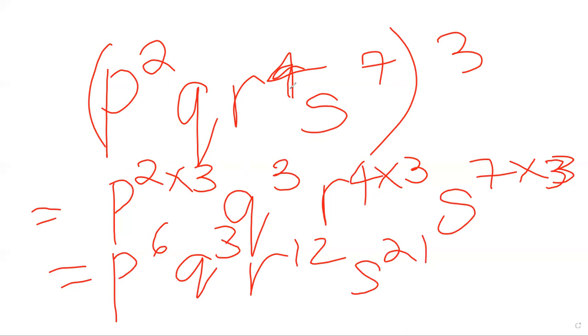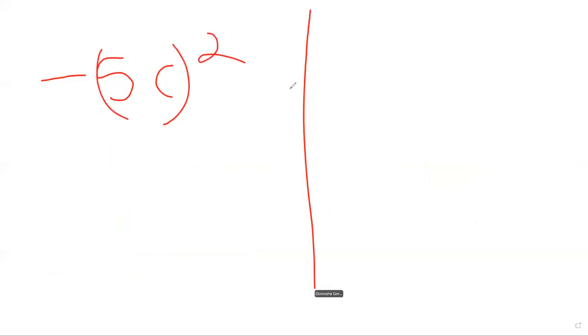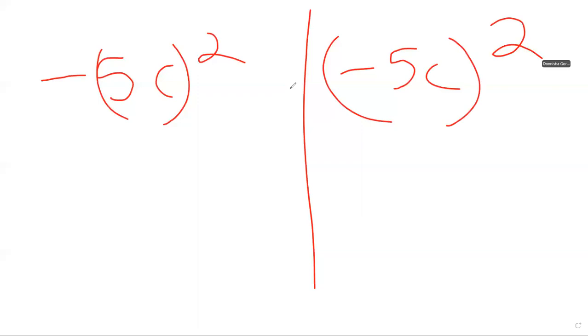All right, here we go. We are almost done. I'm going to put both of these questions on the board at once. Negative 5c squared, and we have negative 5c all squared.